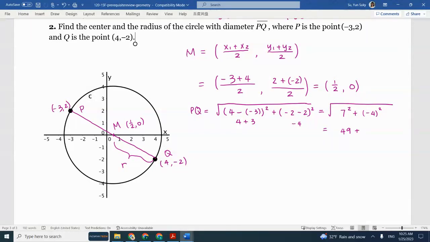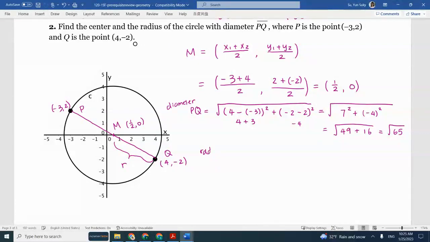Negative 4 squared becomes positive, 4 squared is 16. So 16 plus 49 is 65. Right, everybody?